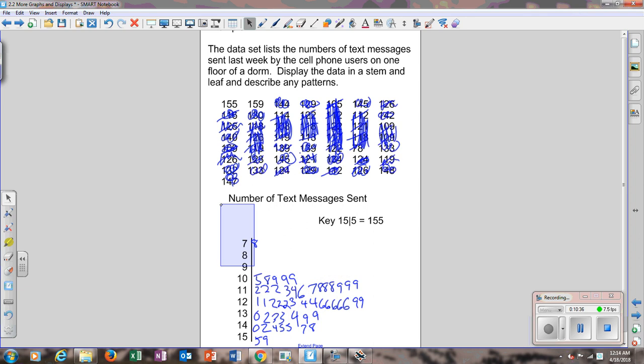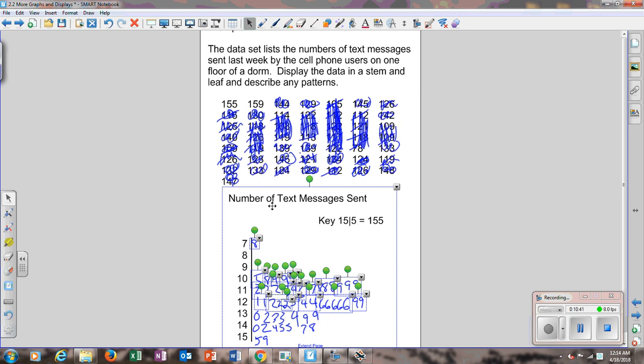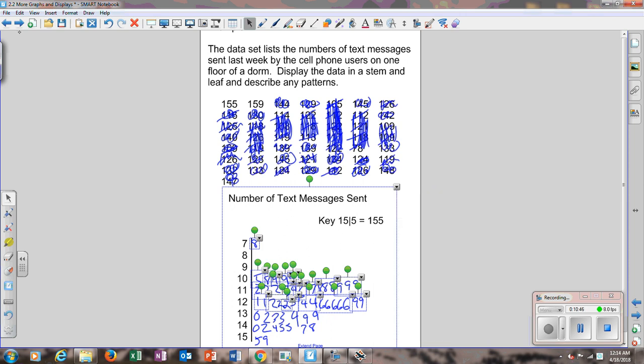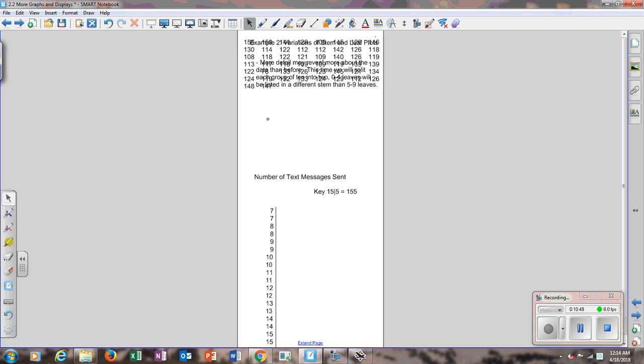It also would help if it wasn't freezing up. There we go. Copy. Paste it in. But it didn't copy everything.